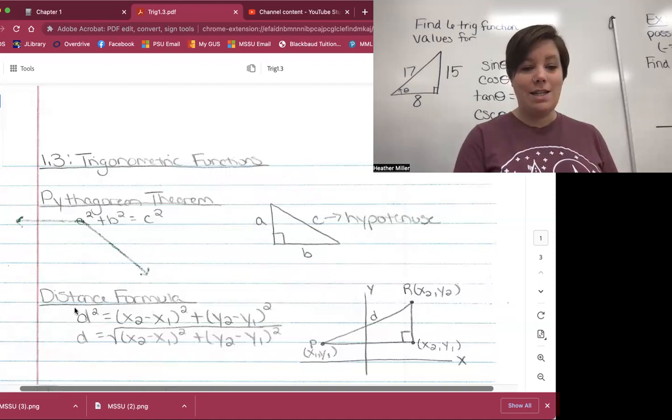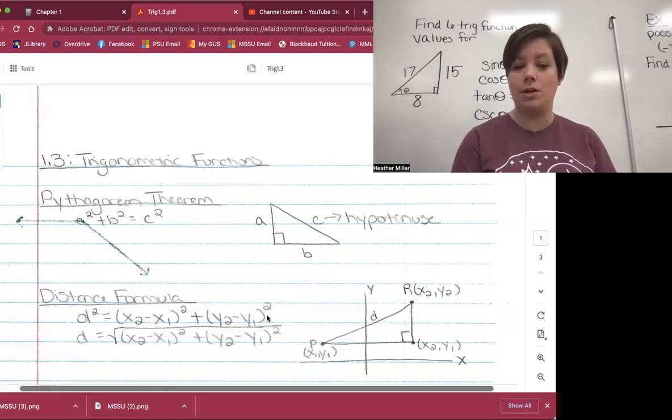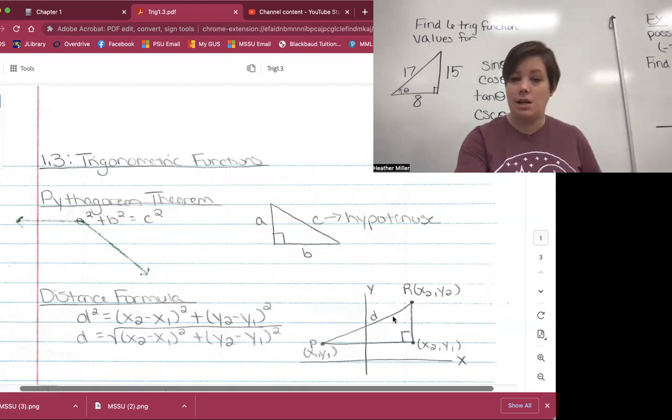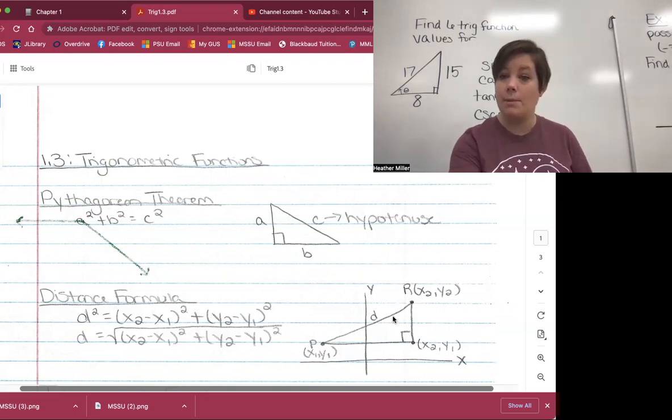But when you look at it this other way, with distance squared equals (x2 minus x1) squared plus (y2 minus y1) squared, hopefully you're seeing, well, wait a second, that's the Pythagorean theorem. And it really is, where D is the side of our hypotenuse.